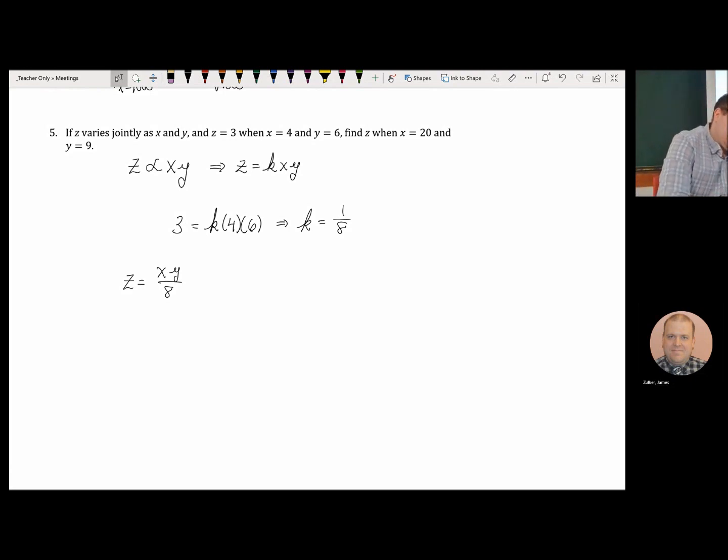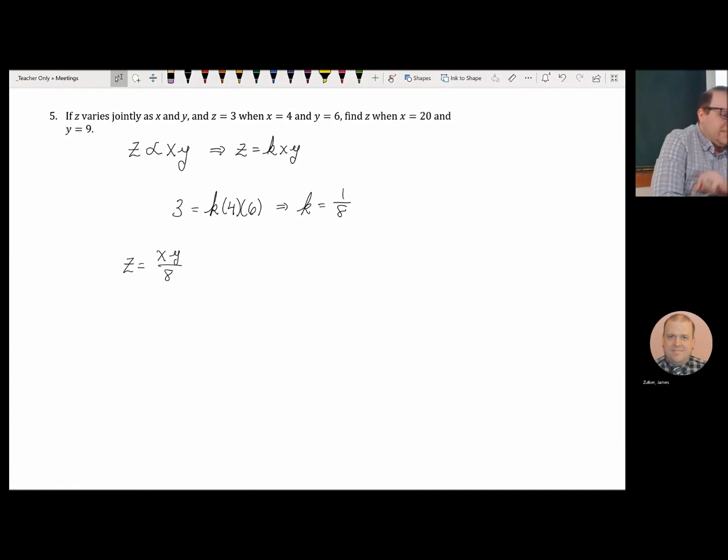Can you determine that x and y are inversely proportional to each other from that? Because they're being multiplied together on the same side of the equal sign? No, x and y are both independent variables. So they don't have to have a relation to each other. Okay.